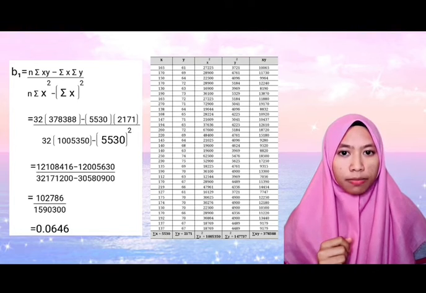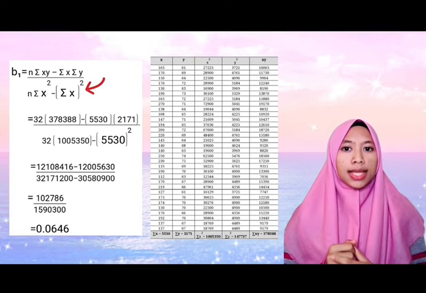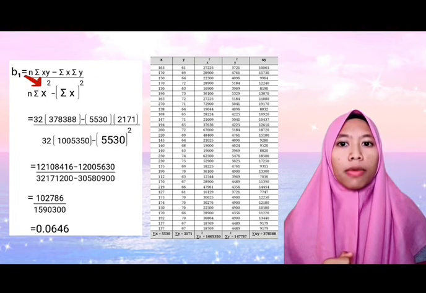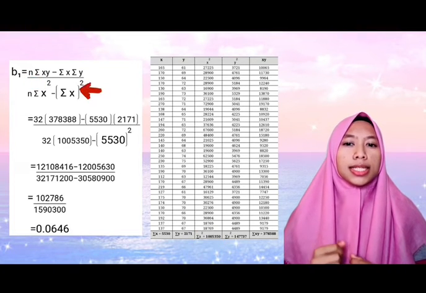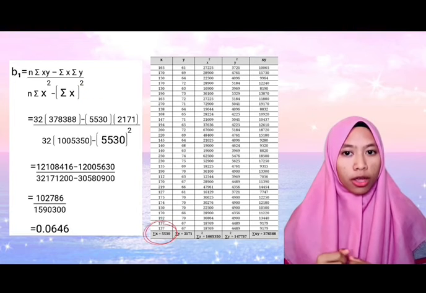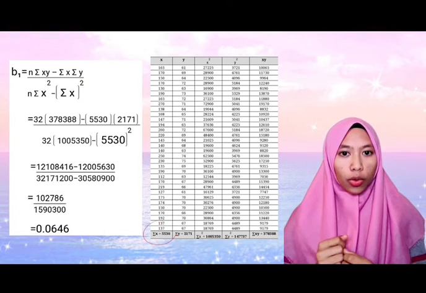Look at the difference between these two. This one is the sum of x squared, and this one is the sum of x, 5530, and then just squared.